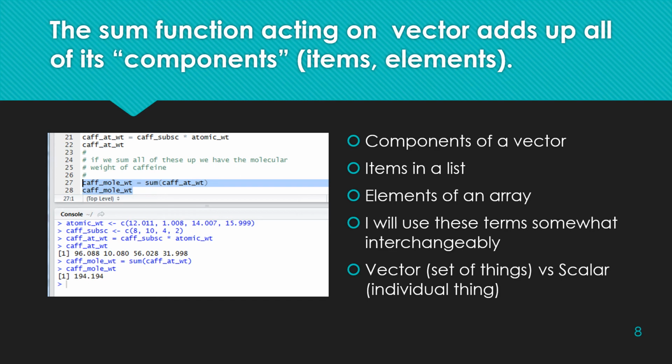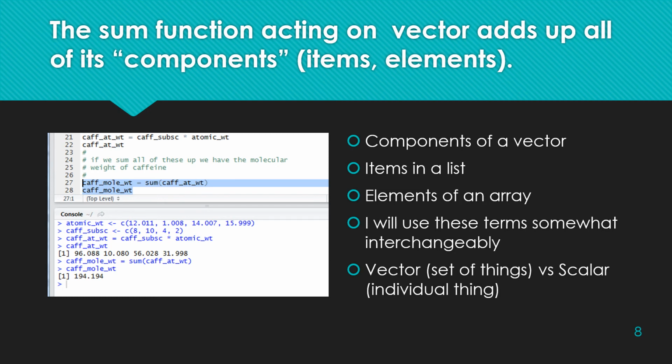So sum is a function, and what's inside the parentheses is known as the argument. The argument is a vector. And so I'm going to sum a vector. And what that means is I'm going to sum the components, or the items, or the elements. So again, I'm going to use these terms rather interchangeably.